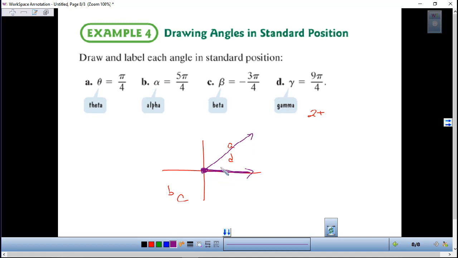Now, just to clarify, what I would probably do, just to make sure that everybody understood what went on, I would do this, and that's where I would do my gamma. And I would actually mark that angle as gamma, just to clarify it.